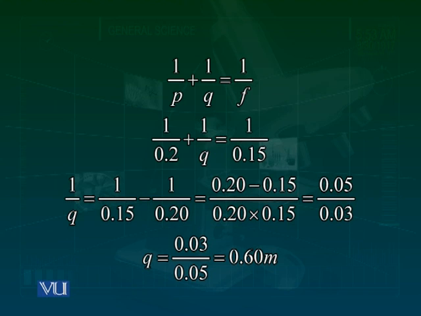Rearranging, we find 1 over Q is equal to (0.20 minus 0.15) divided by (0.2 times 0.15), giving you 0.05 divided by 0.03, or in other words, Q is 0.6 meters away from the mirror. In this case, because it was a concave mirror, P, Q, and F are all positive, and the answer automatically tells us that Q is a positive number and it is 60 centimeters away from our mirror.